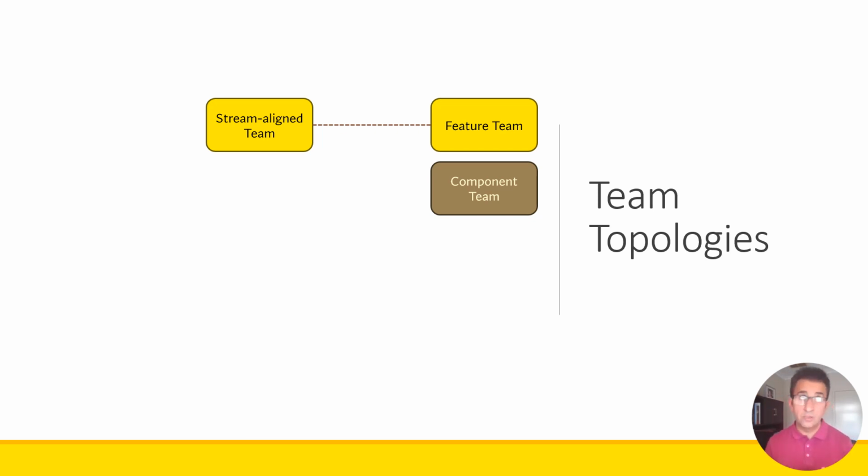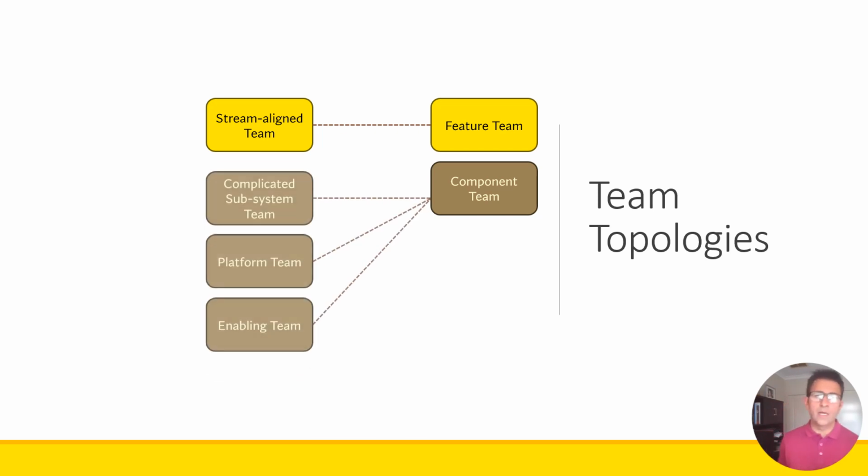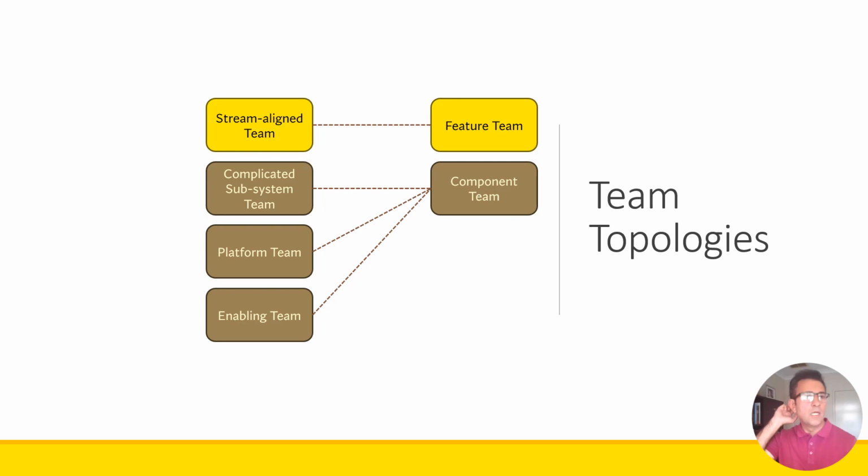Feature teams are normally referred to as stream-aligned teams. And then we have the component teams, which are slightly different in the new terminology and broken down into complicated subsystem team, platform team, and enabling team.